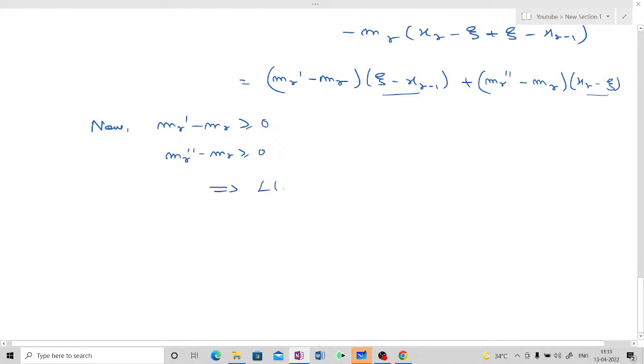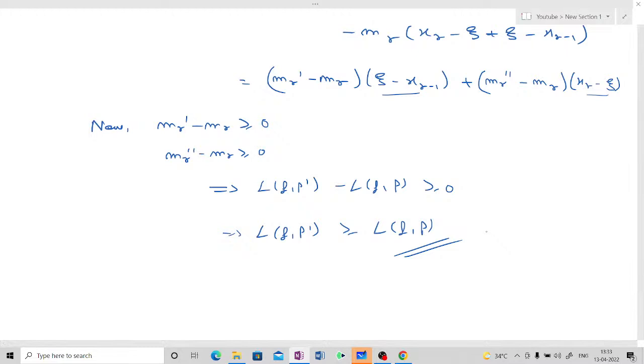So that implies LFP prime minus LFP is greater than or equal to 0, which implies LFP prime is greater than or equal to LFP, and it's proved. Clear? Okay.